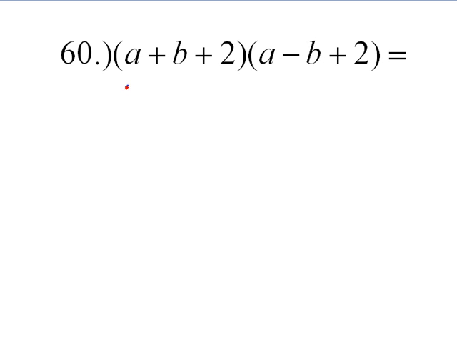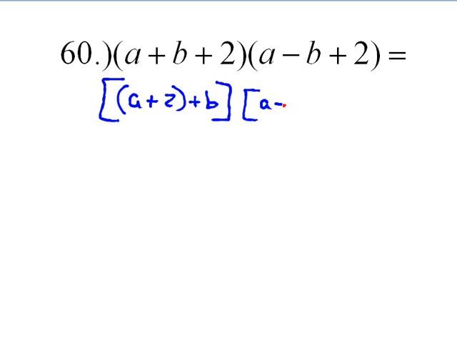If we rewrite this as a plus 2 plus b, we'll kind of put that in special brackets, and then we have a minus 2 minus b.